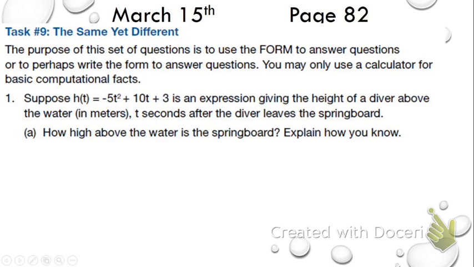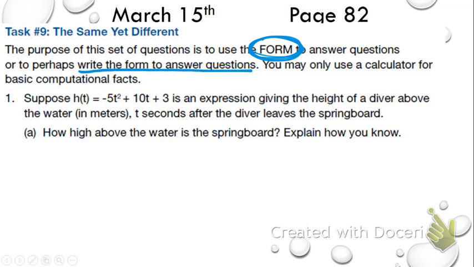We're going to start it today and finish it tomorrow. It's too much to get through in one day. But the goal of these question sets is to use the form to answer the questions, or perhaps to write the form to answer the questions.